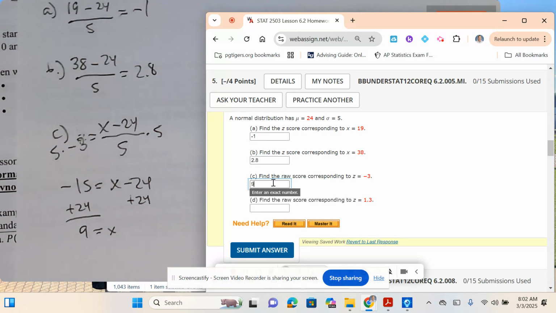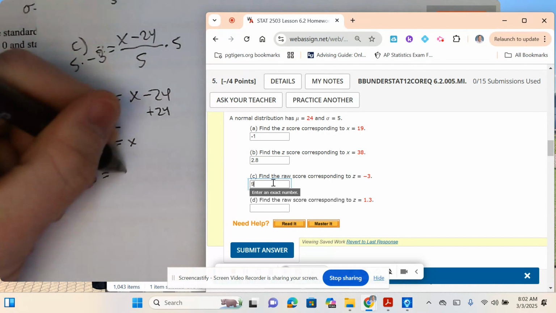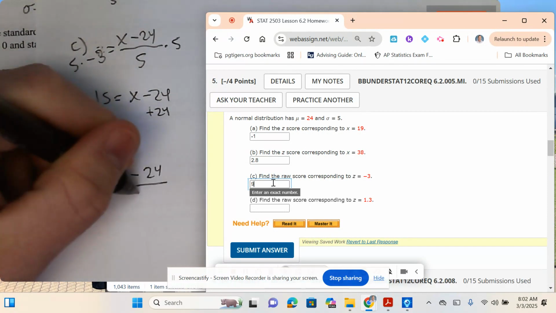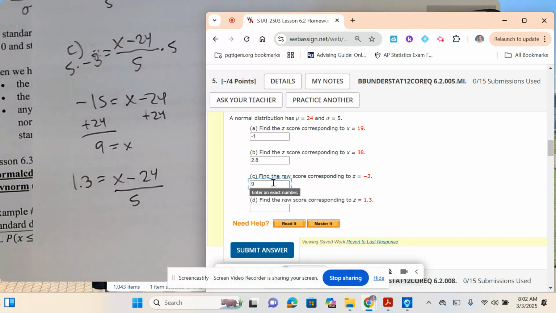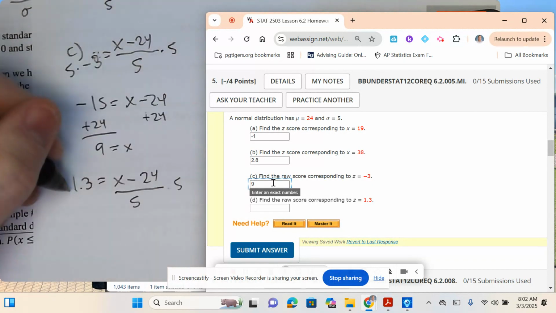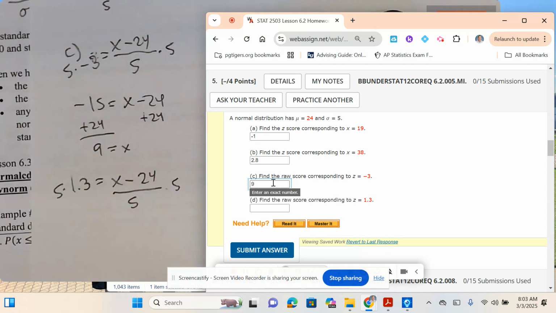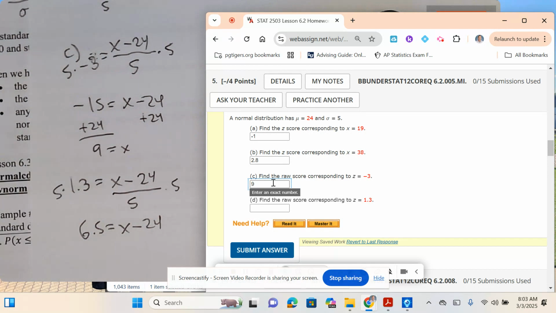Find a raw score corresponding to 1.3. So 1.3 equals x minus 24 divided by 5. So the same thing. You want to multiply by the standard deviation, then just add the mean. So not too difficult. This is a little algebra 1 type concept here. 5 times 1.3 is 6.5, equals x minus 24. You get a decimal here.